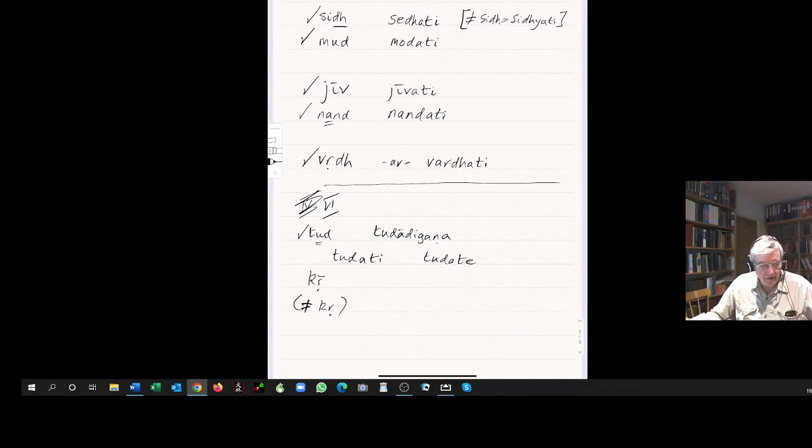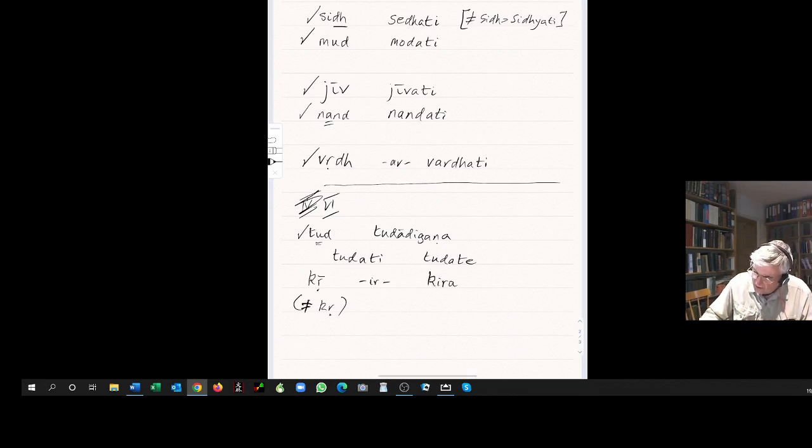In this particular case, in fact all 6th class verbs ending in ṝ, it actually gunates. Sorry, it alters to ir. It doesn't gunate, it alters. If it gunated, it would be karati, but it's kirati. So he scatters is kirati.